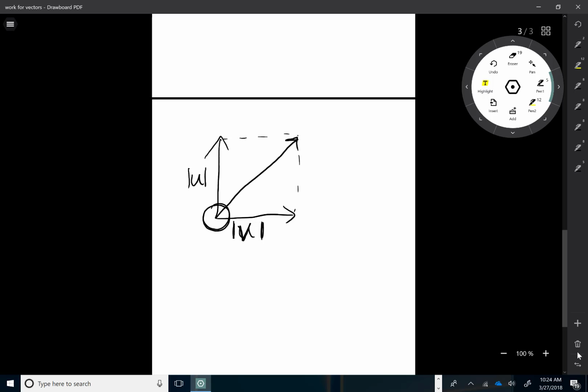The resultant, the magnitude of the resultant is this one. The angle between them is this one. These two angles add up to 180 degrees. These two sides are the same, and these two sides are the same. And that makes the math work out a little bit better.